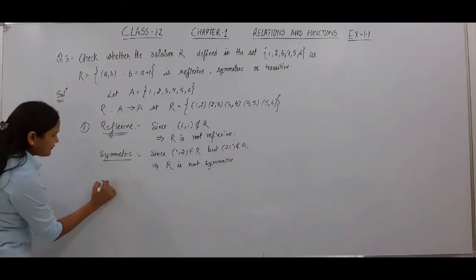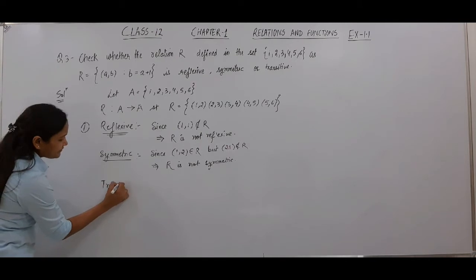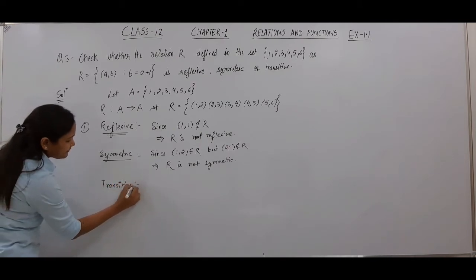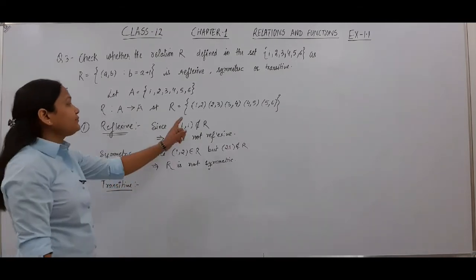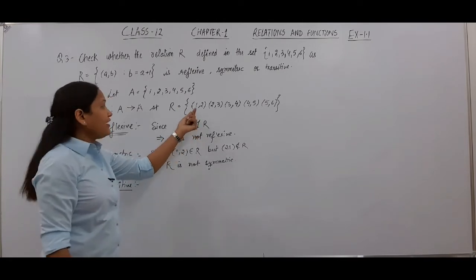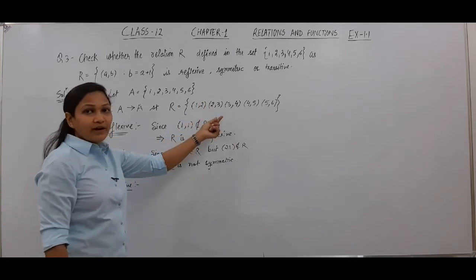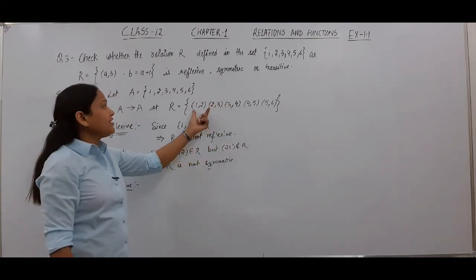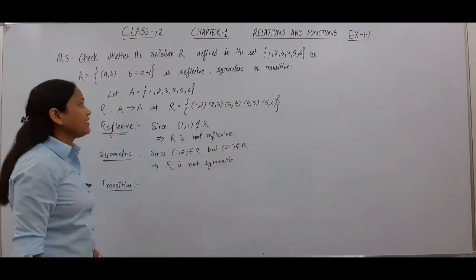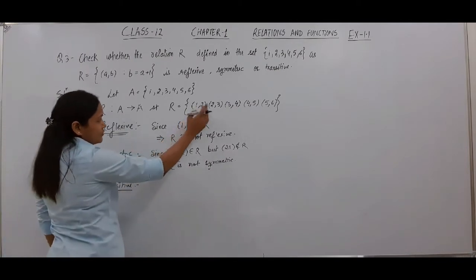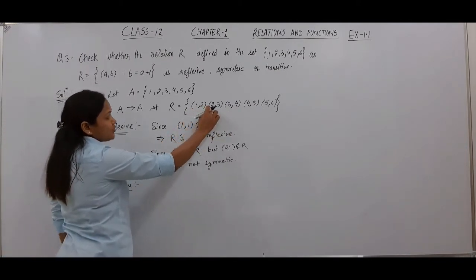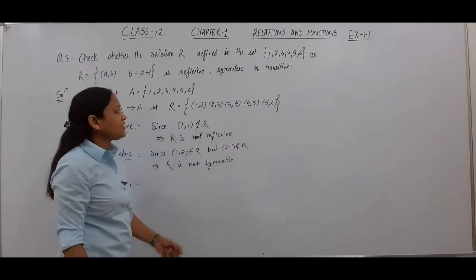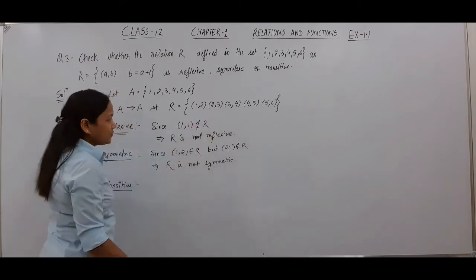Similarly, you can check for transitive. Here, if one element is related to another and that is in turn related to another one, then there should be a transitive relation. But you can see that 1 is related to 2 and 2 is in turn related to 3, but 1 is not related to 3.